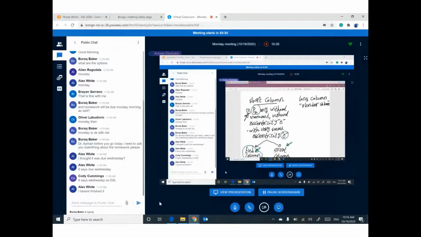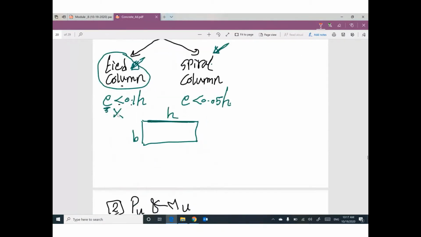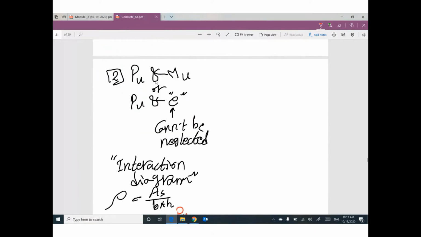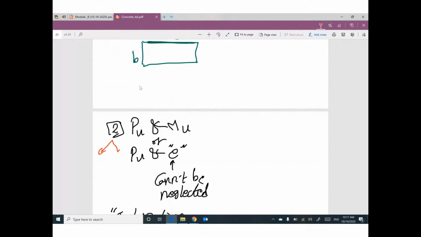I covered this case: P ultimate and any moment or any eccentricity neglected. We have two equations based on the type of column, tied column or spiral column. The second case, whatever, I don't care if you have a spiral or you are tied.